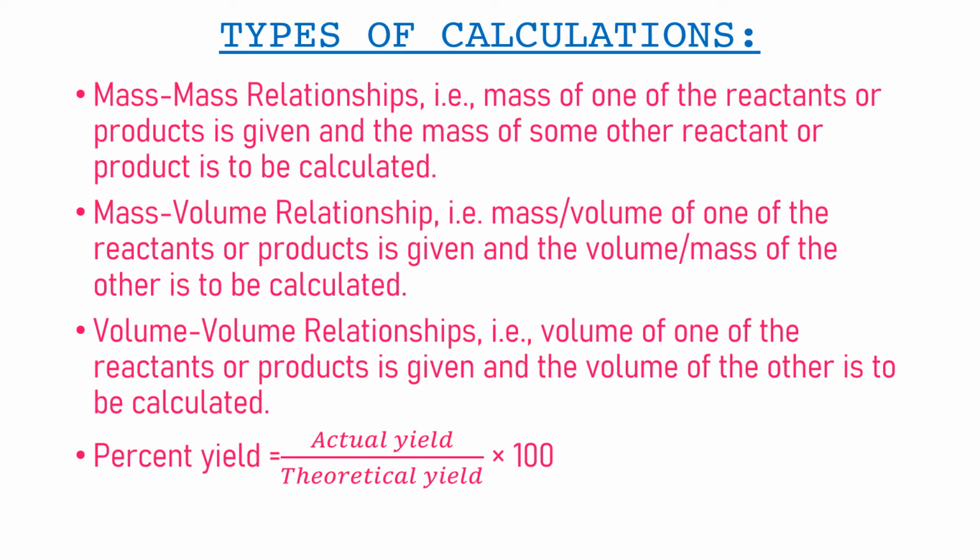In case of any gaseous substance, you have to write 22.4 liters at STP, standard temperature and pressure, below the formula in whatever examples we are taking. If the gaseous state is present, we write it in terms of volume, that is 22.4 liters, which is fixed at STP. After that, by applying the unitary method, we do the required calculation.